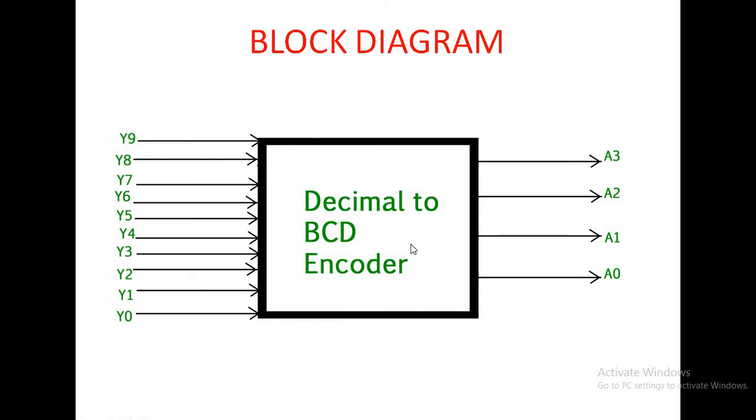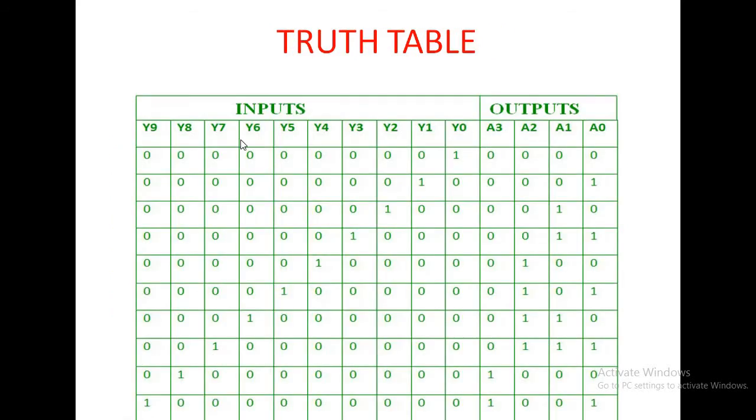So decimal to BCD encoder means 10 input lines, 4 output lines. And this is the truth table of your decimal to BCD encoder. Y9, Y8, Y7, Y6, Y5, Y4, Y3, Y2, Y1, Y0 are my input symbols, and A3, A2, A1, A0 are my output symbols.